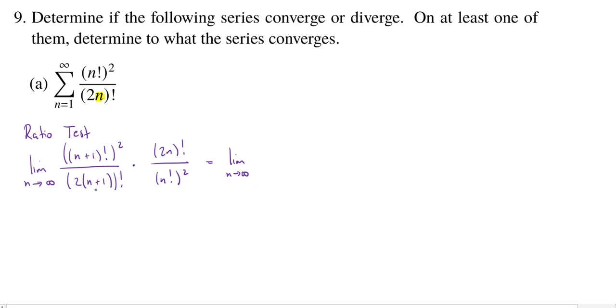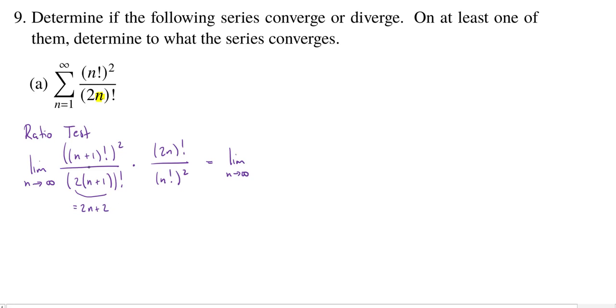So let's start with this 2n factorial and this 2(n plus 1) factorial. We know 2n factorial is a product of all of the numbers from 1 up to 2n. Whereas 2 times n plus 1, well, we could distribute it as 2n plus 2.